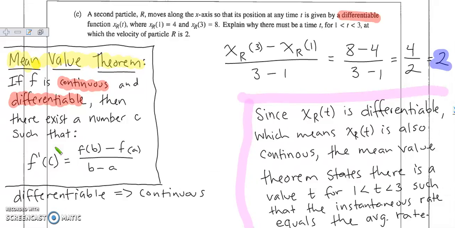Remember that that's pretty much what the mean value theorem is saying. It's pretty much where calculus meets your previous math classes. The derivative, which is instantaneous rate, equals the average rate, which is the slope formula we used in your previous math classes before calculus.